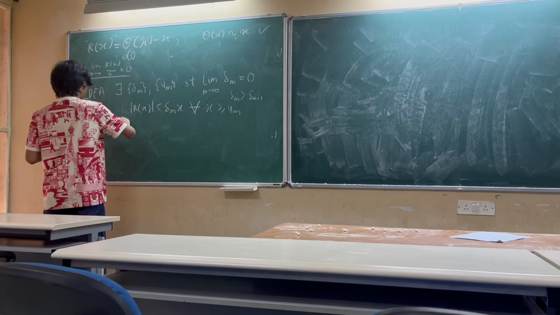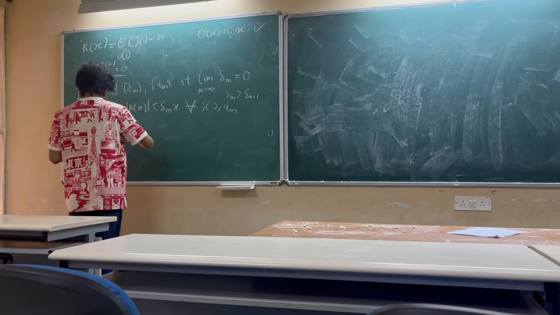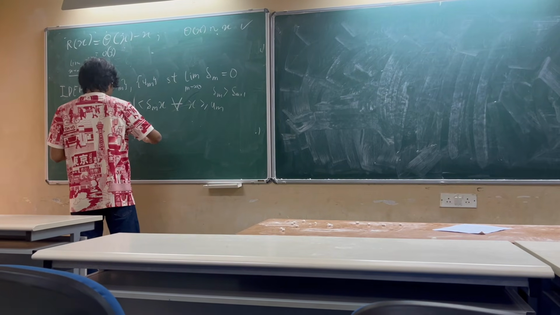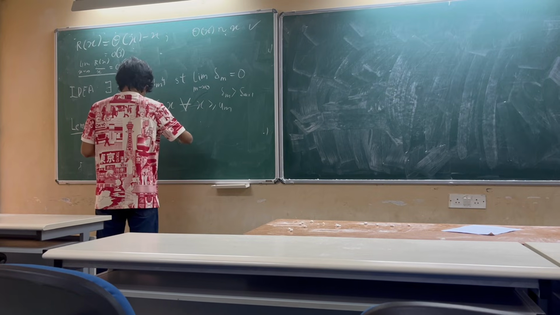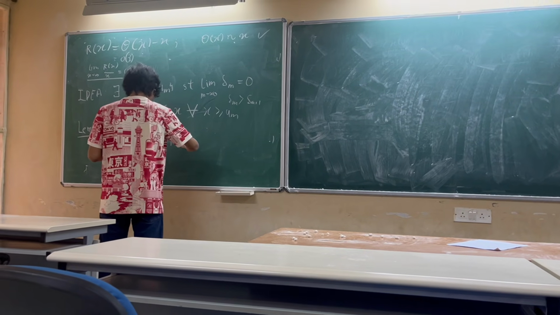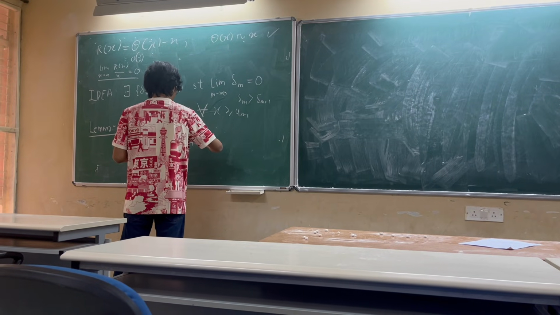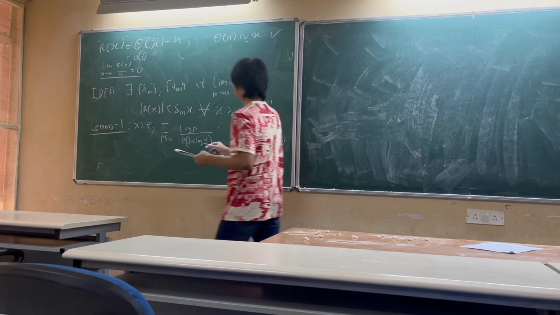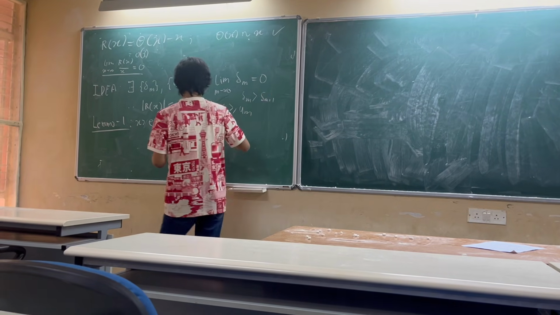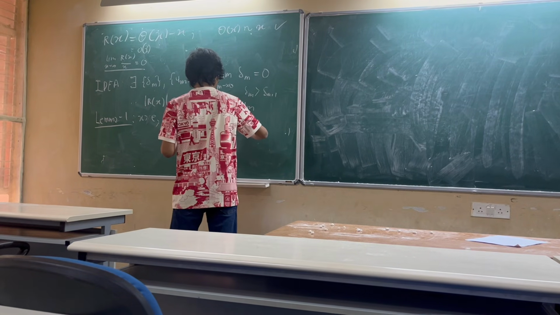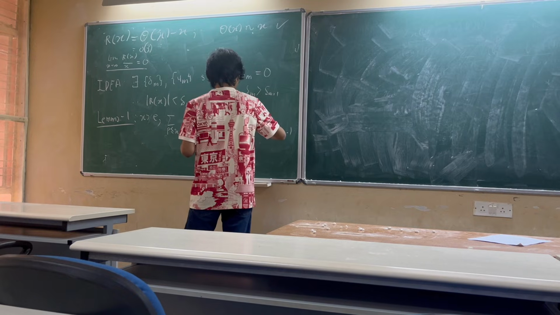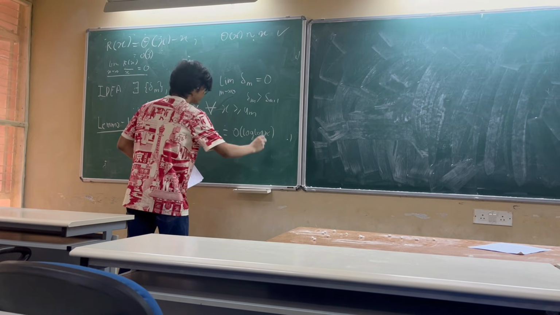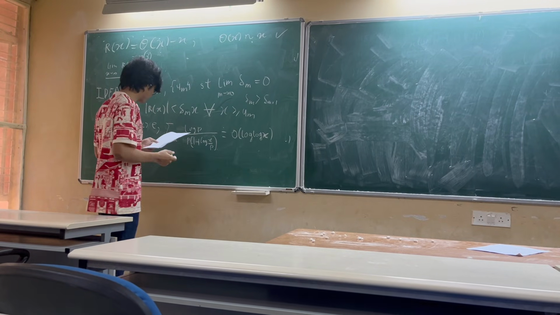We'll show that for x greater than 1, the summation over p less than or equal to x of log p by p times 1 plus log of x by p, when you sum over all primes p less than or equal to x, is of the order log x. This is what we want to show.